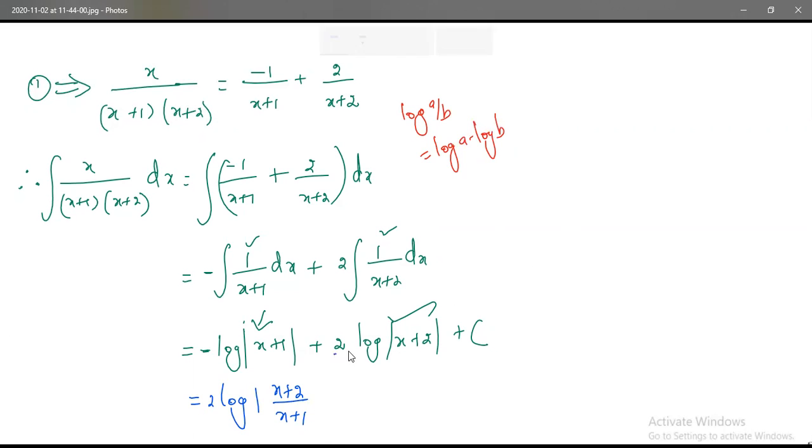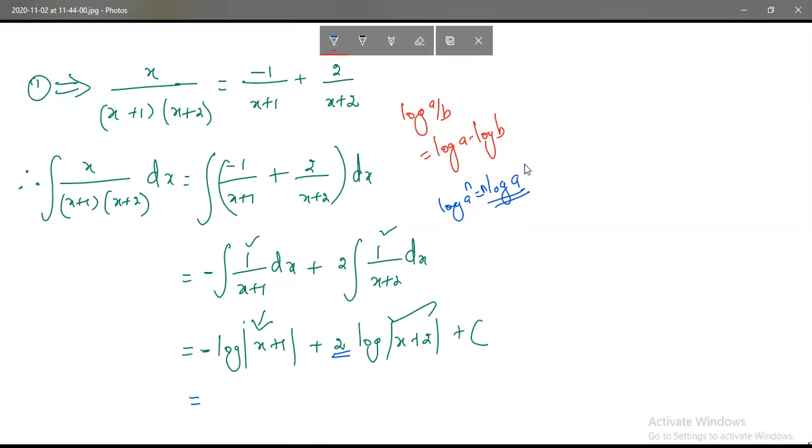Before that, we can take this 2 to the numerator. You can't write it this way because that is not log. So before that, you have log a power n is n into log a. So if it is n log a, you can take n to the power of a.